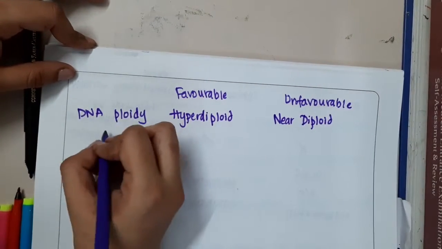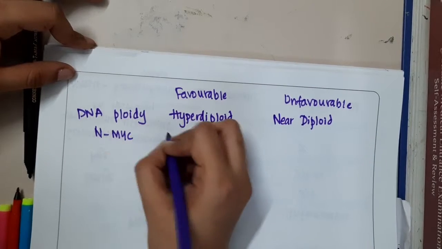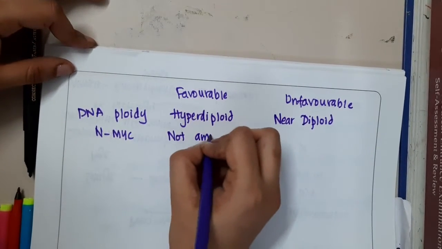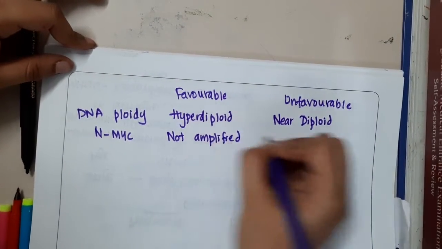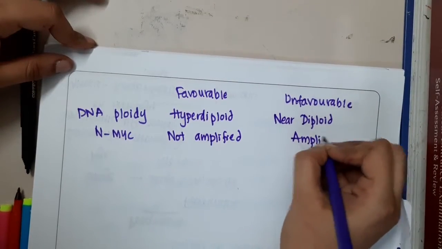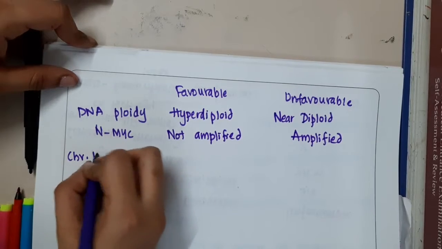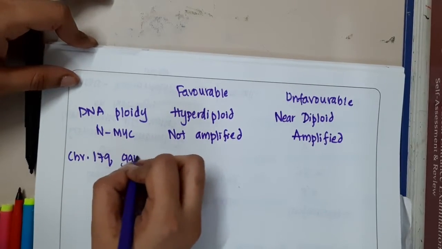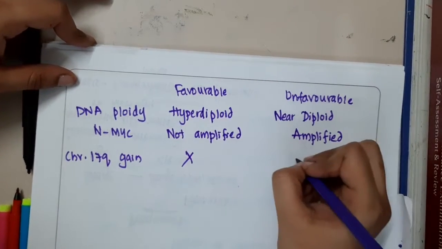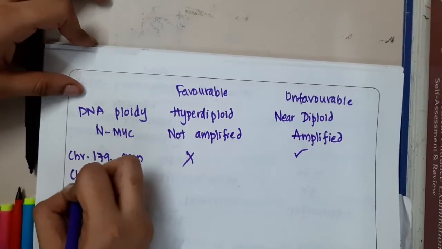Then we have N-MYC: not amplified is favorable, amplified is unfavorable. Then chromosome 17q gain: absent is favorable, present is unfavorable.